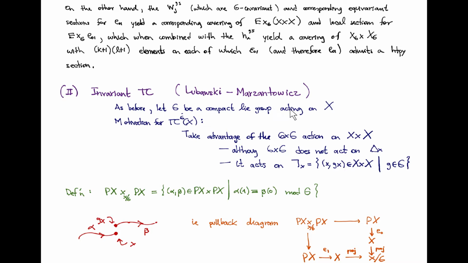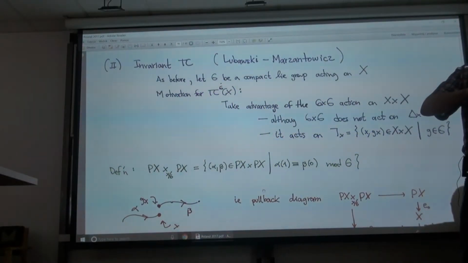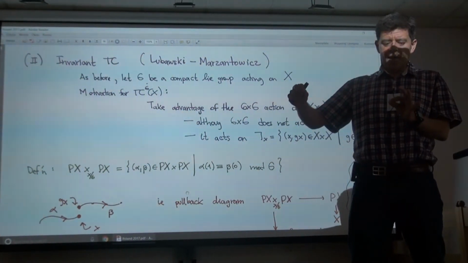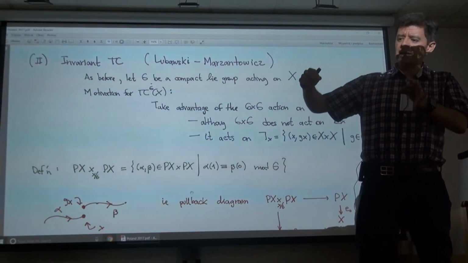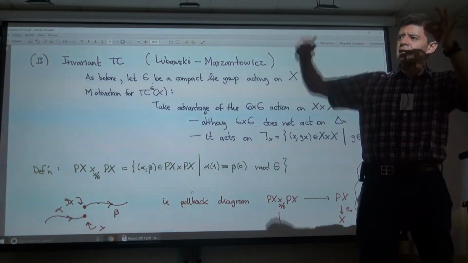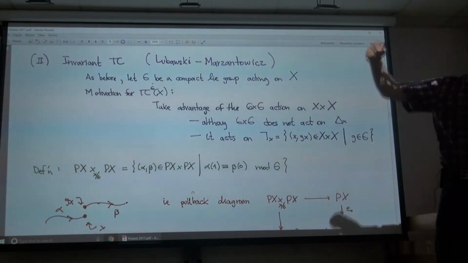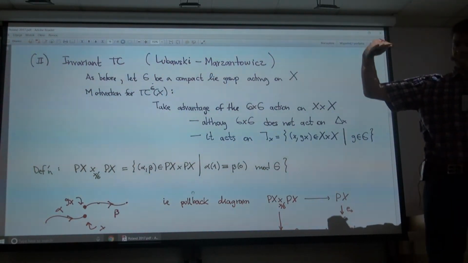So again, you have a group acting on a space, and in the equivariant setting, you want to plan the motion from x to y, and that should imply how to move from gx to gy. But now this is sort of parallel.